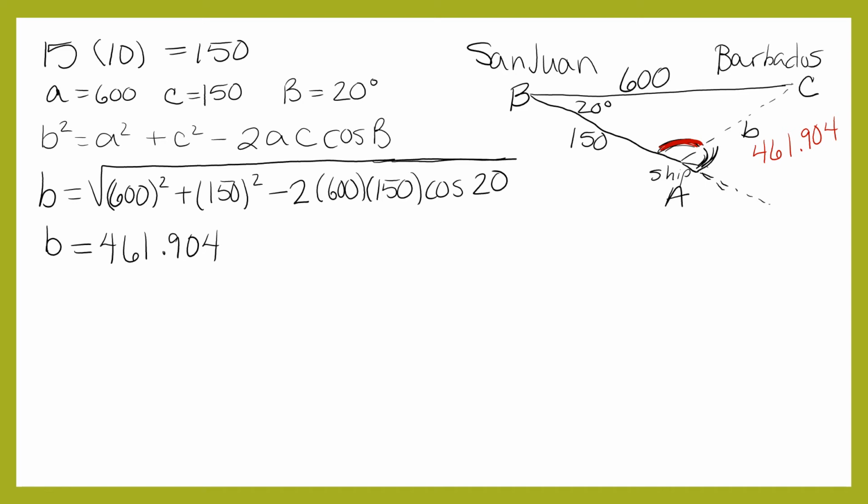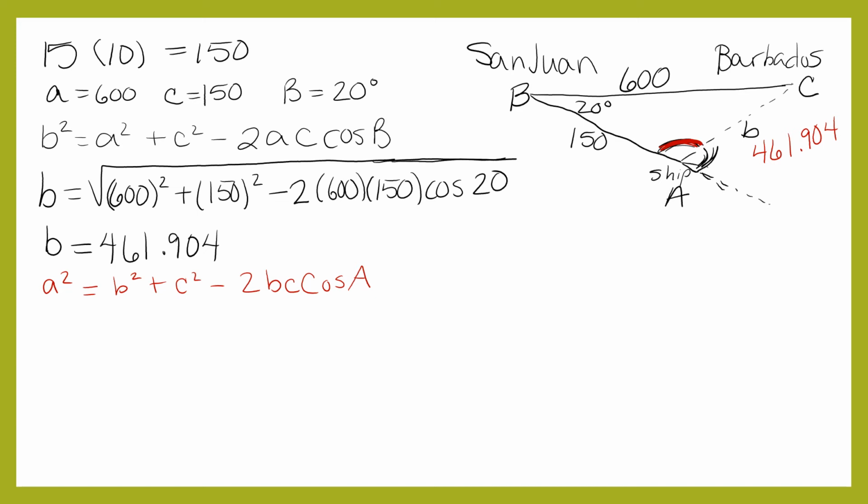If I use the law of cosines for A, I would have a squared equals b squared plus c squared minus 2bc times the cosine of A. Well, I'm going to rewrite this.